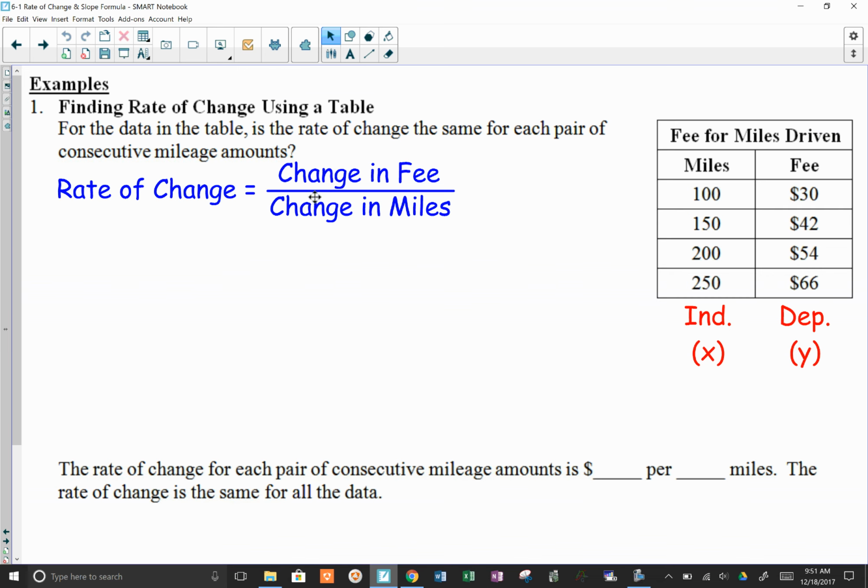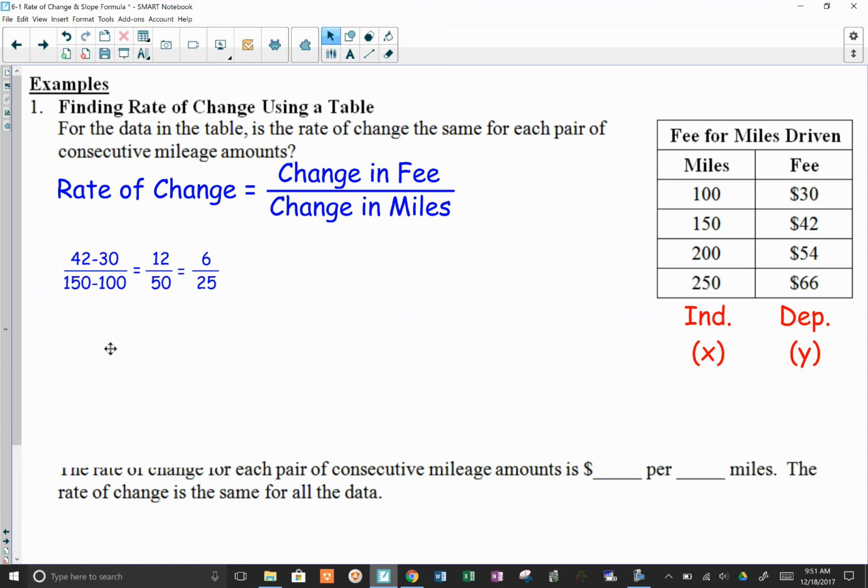And then in the denominator, we're going to take the two values for the miles and subtract those. Now, the only key to this is whichever fee you put first in the numerator, you have to put that number of miles from that same row first in the denominator. So an example of this would be 42 minus 30 over 150 minus 100. And we subtract and simplify as much as we can, and we get 6 over 25.